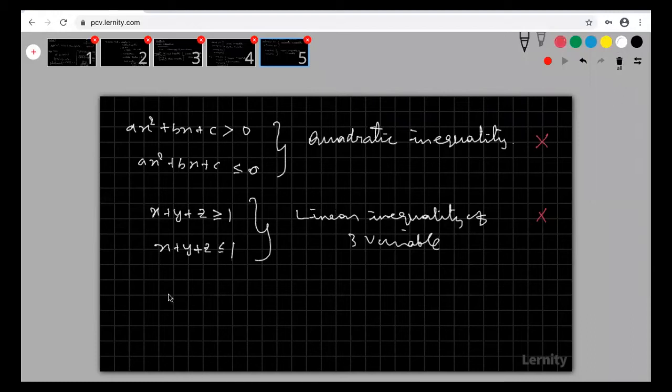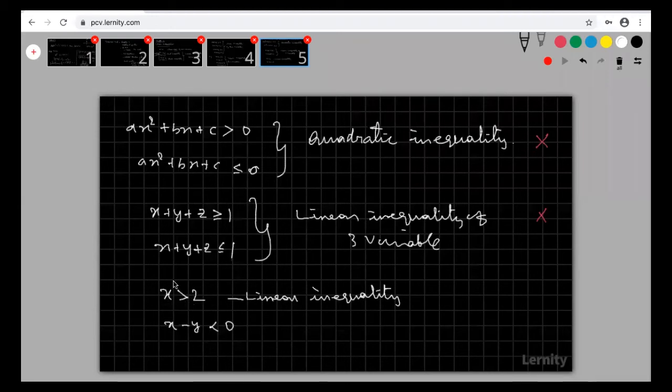What is this? x greater than 2. Is this a linear inequality or not? This is a linear inequality only. If greater than, less than, greater than or equal to, or less than or equal to is coming, that is an inequality.